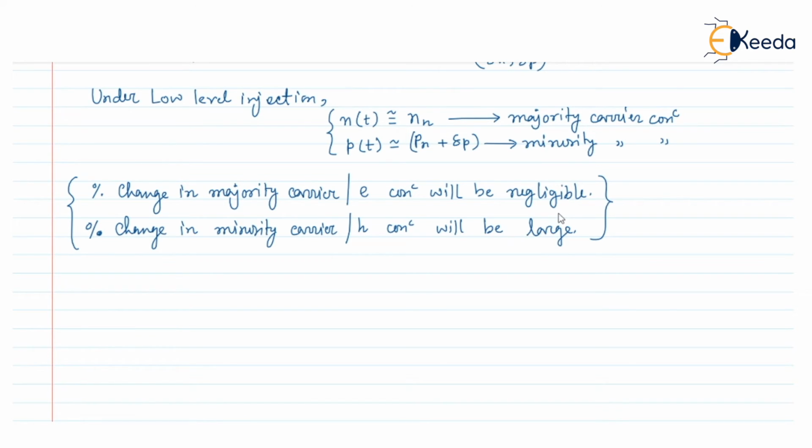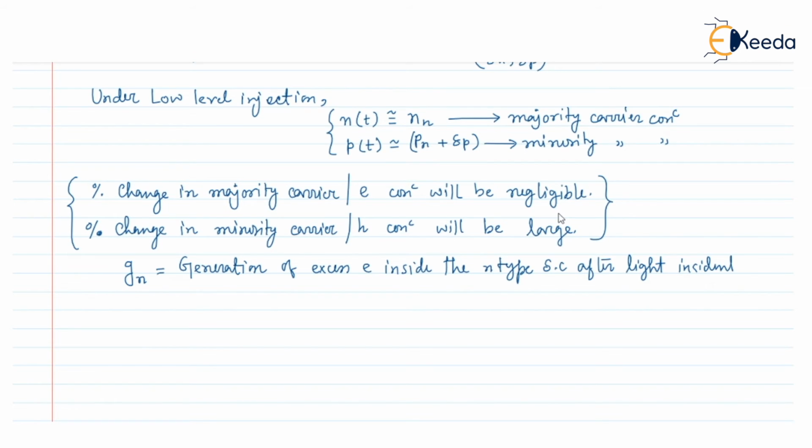Now let us assume that Gn is the generation rate of excess electrons inside the N-type semiconductor after light incidence.